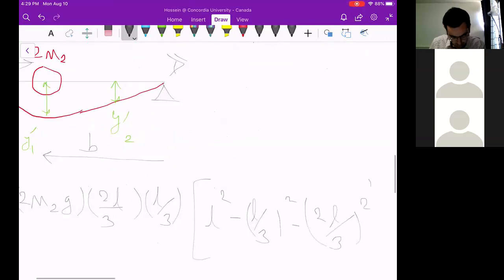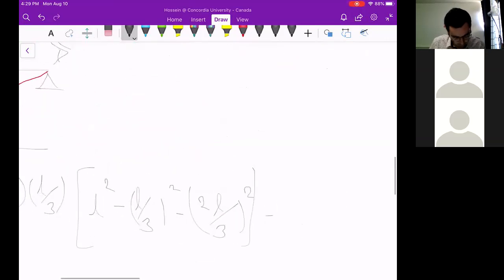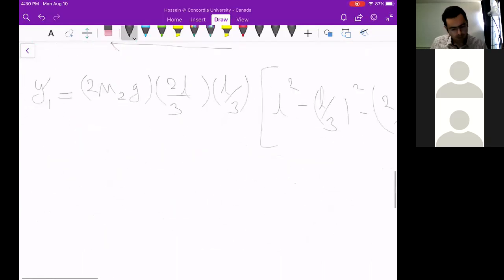So finally I will reach this point equal to 16/486 M2G L cube divided by EI.